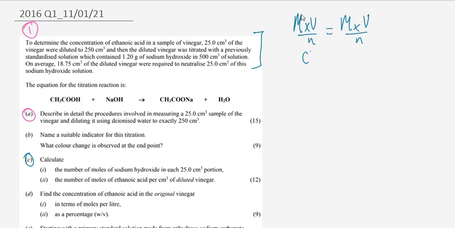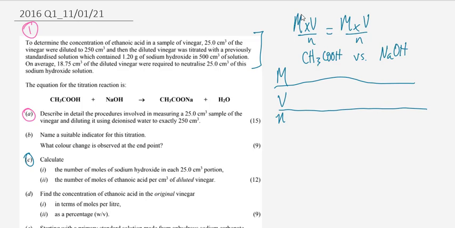So I need the information for ethanoic acid. It's titrating against sodium hydroxide. So I need molarity, volume, and moles. I can identify from the equation it's a 1-to-1 ratio, so I can put in my 1 and 1.